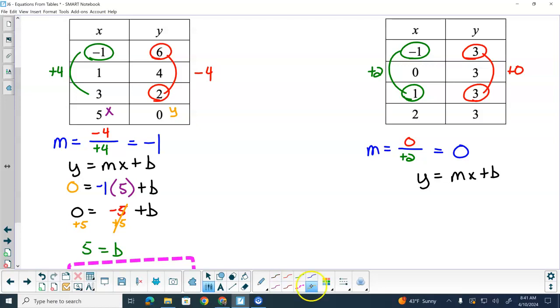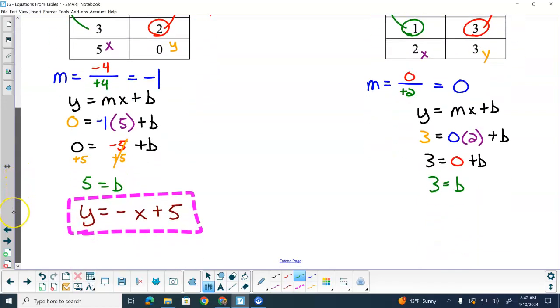So then that's going to tell me that 3 is my y, 2 is my x. 3 equals 0 times 2 plus b, right? 0 times 2, 0. 0 plus b, b, right? So 3 is my b, right? Okay. Let's put those into y equals mx plus b again.